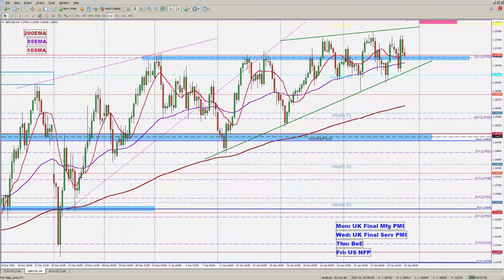It started from this main central area, dipped down to respect this lower trend line for the third time, climbed back up, and that's where I drew the upper trend line here, and fell back again to test the lower trend line for the fourth time, and finally settled on Friday around this 138 fib extension around 1.37.